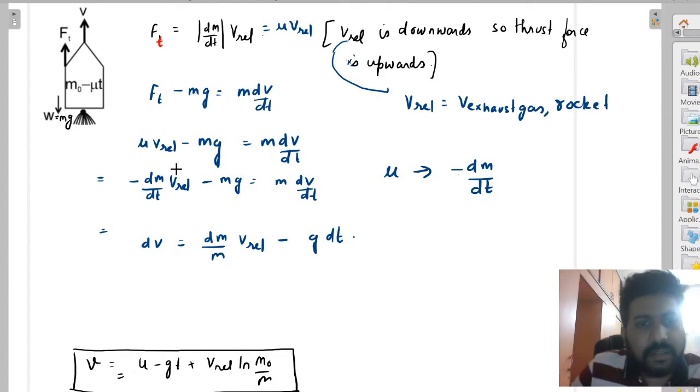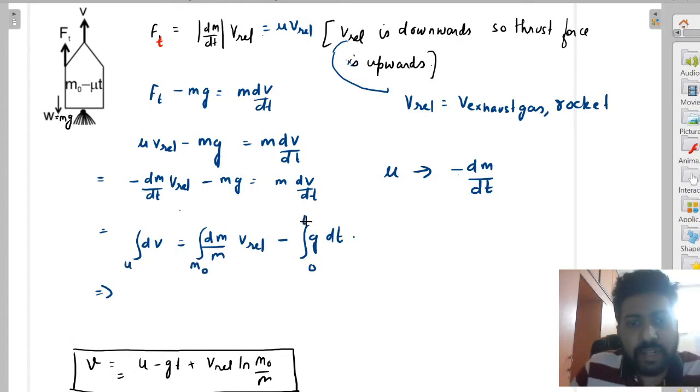You have cross multiplied this side with dt and this side with m. Okay, so from here if you integrate this, at t equal to 0 the mass is m naught and the velocity is u. At t equal to any time t the mass is m and the velocity is v.